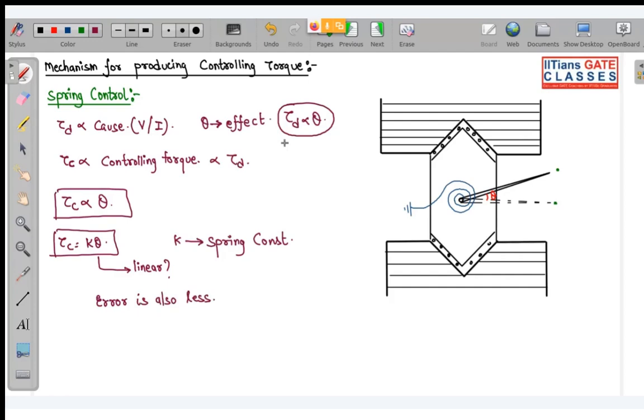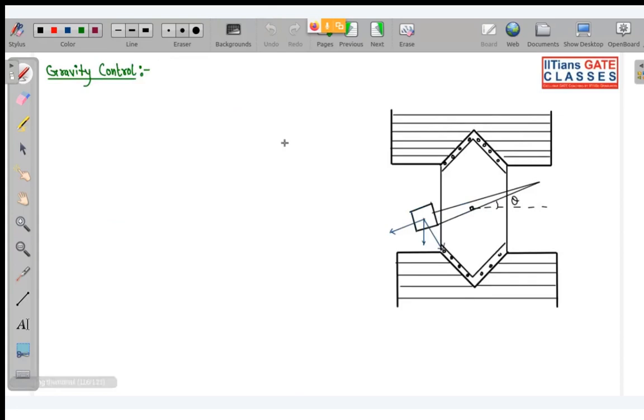Now there is one more type of controlling torque, which is gravity control. We have a heavy mass which produces an equivalent but opposite torque to the deflecting torque. This time we have one mass over here.